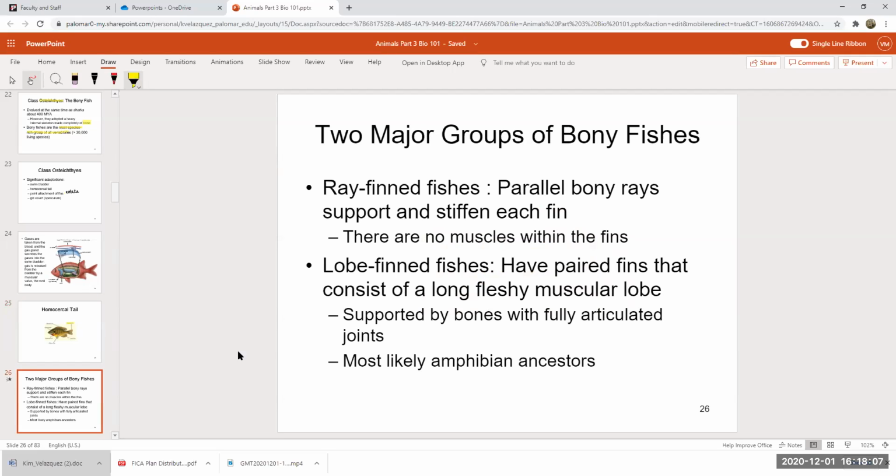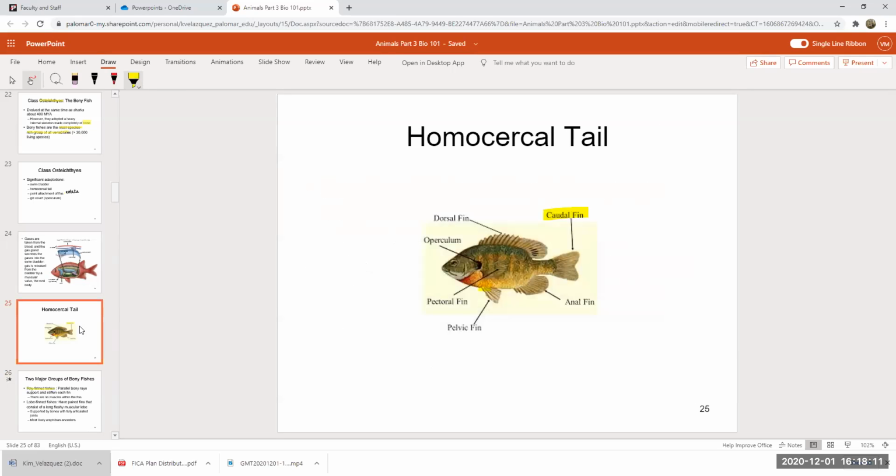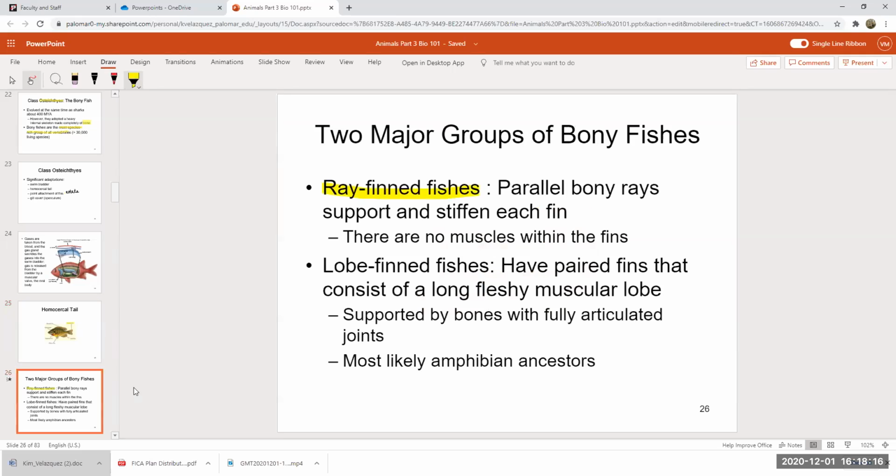There are actually two major groups of the bony fishes, what are called the ray-finned fishes, which you just saw here. You can see the rays in these fins. And then there are lobe-finned fishes. The major difference is there are no muscles within the fins of the ray-finned fishes, but the lobe-finned fishes actually have bones and muscles in their fins.